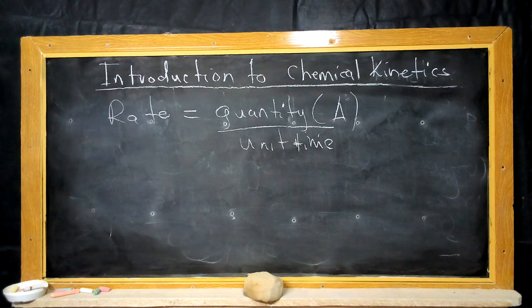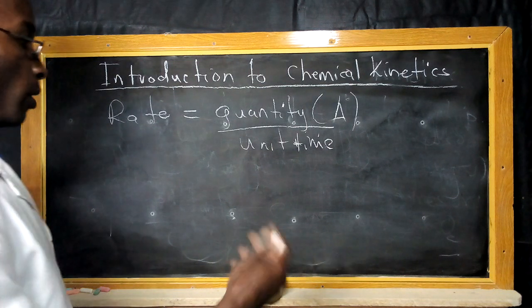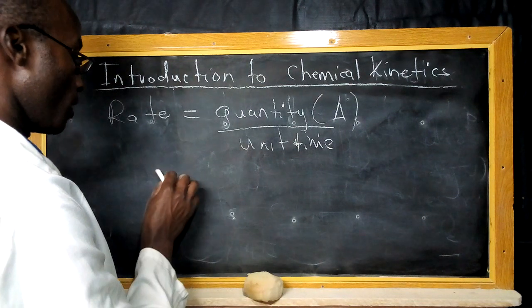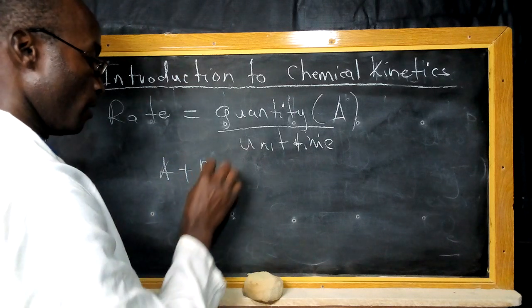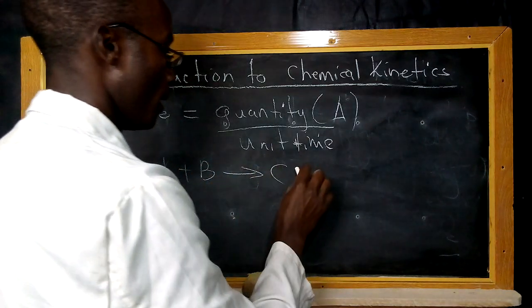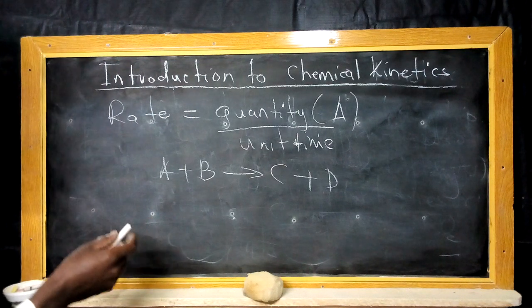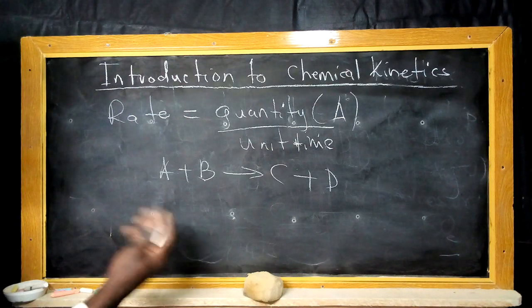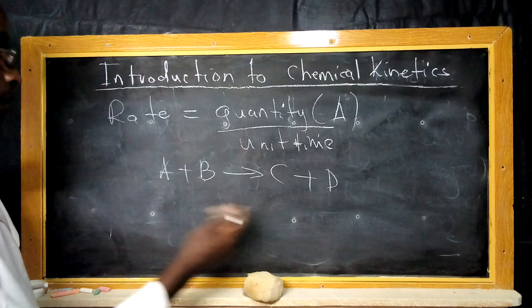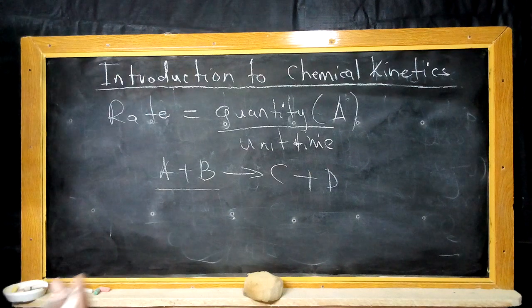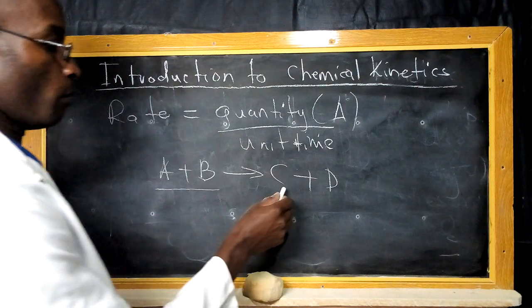Now, in referring to the rate of reaction of substances, we are going to have this analogy whereby we find what we are going to measure when a chemical reaction takes place. The reactants undergo a chemical change or a chemical reaction to form products. As time goes by, the reactants are changing to form a product.